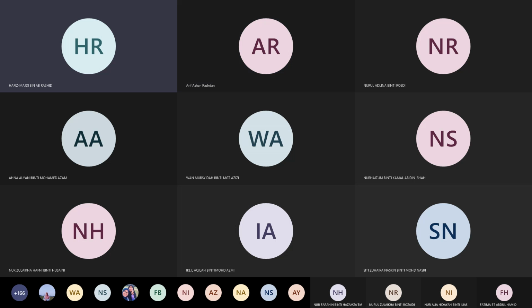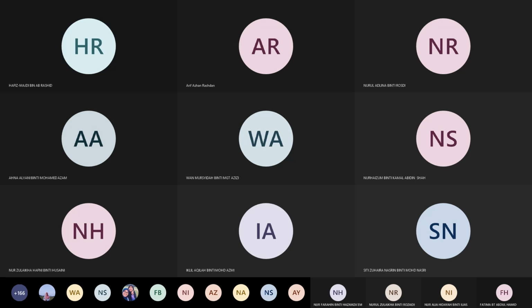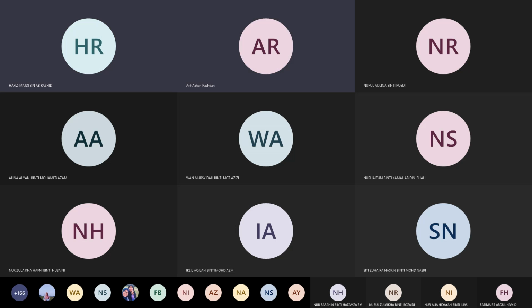Okay, I need to dig further. What you have said, if yayasan is registered as a company, of course they need to follow the Companies Act, correct? Yes, true.